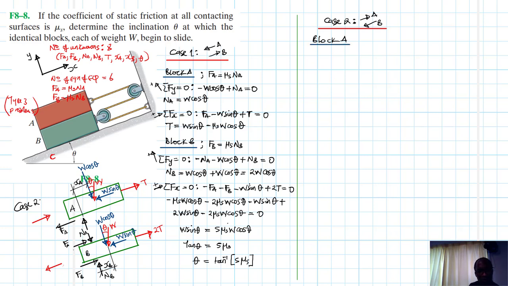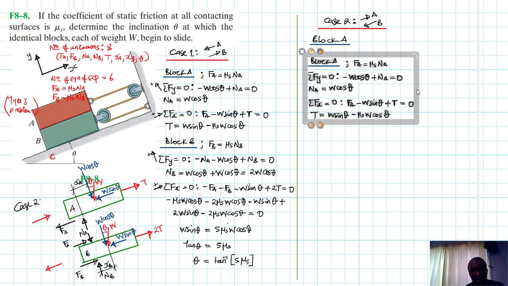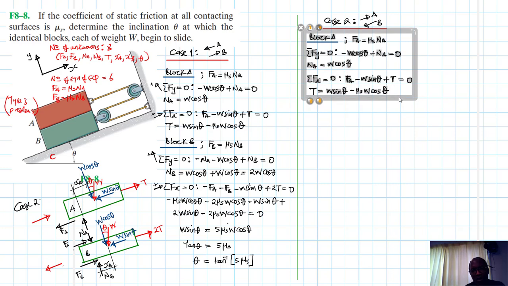Most of the things won't be very different. The equations will be more or less the same. So can I copy these? These equations won't differ so much. I bring this. Let me get rid of this. Only a few signs are going to change, so I bring this one here.